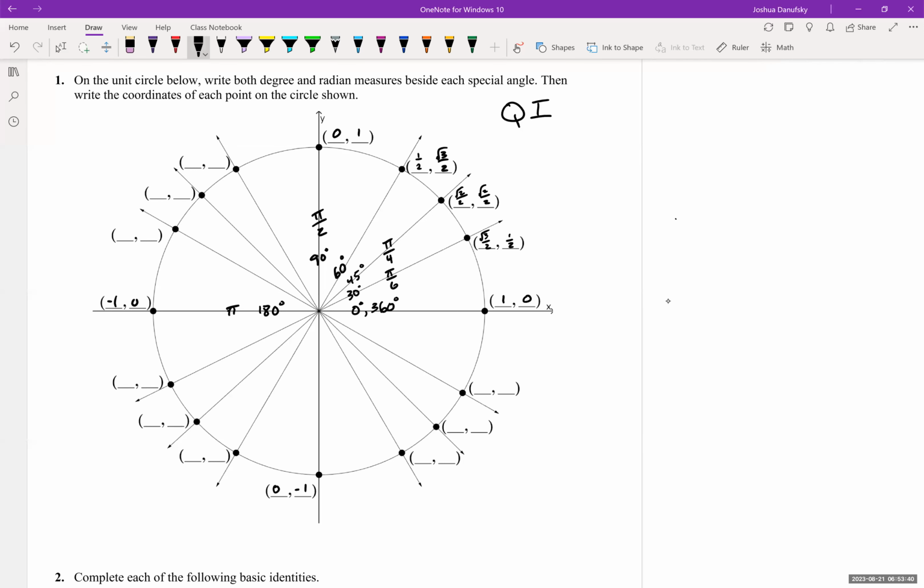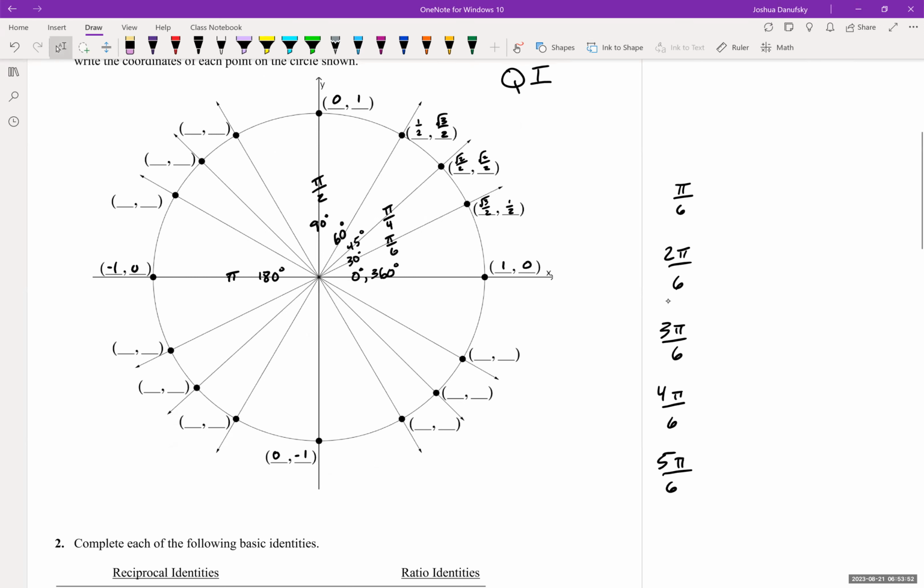Basically, we've got pi over 6, then 2 pi's over 6, then 3 pi's over 6, and we can go all the way around the circle this way: 4 pi over 6, 5 pi over 6, 6 pi over 6. Here's 1 pi over 6, here's 2 pi's over 6.